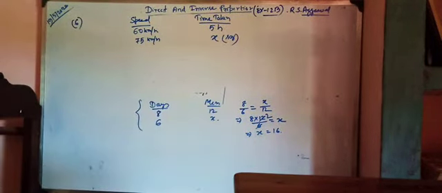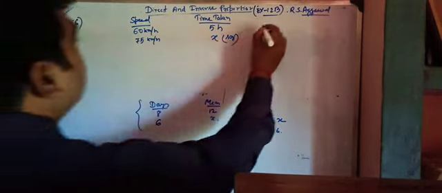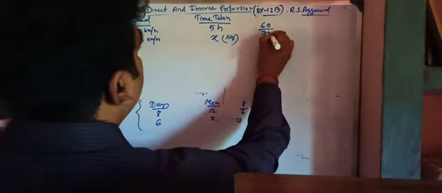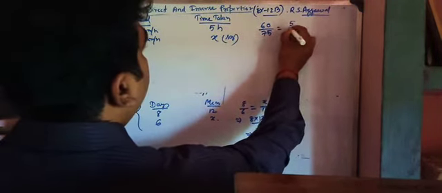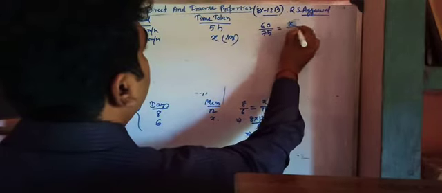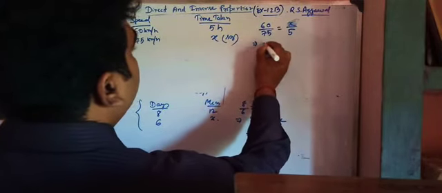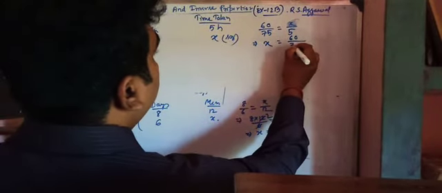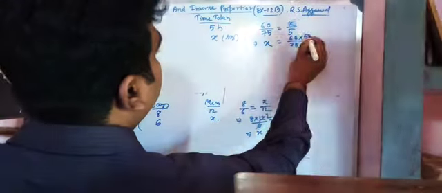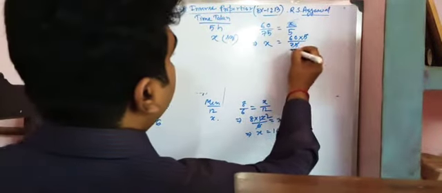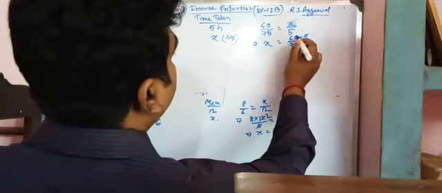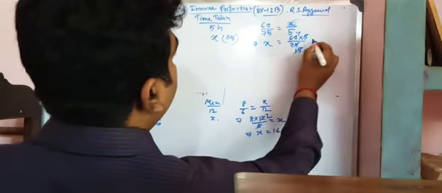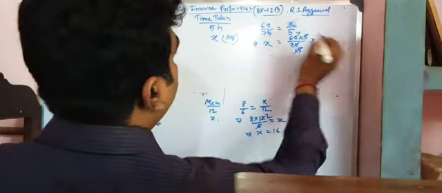So from here 60 by 75 is equal to x by 5. So x is equal to 60 by 75 into 5. That means 5 15s. So my value of x is equal to 4.